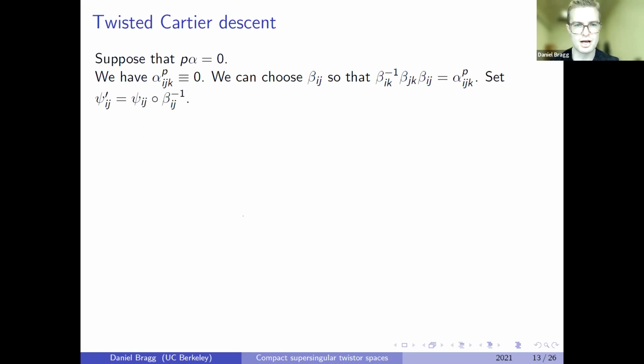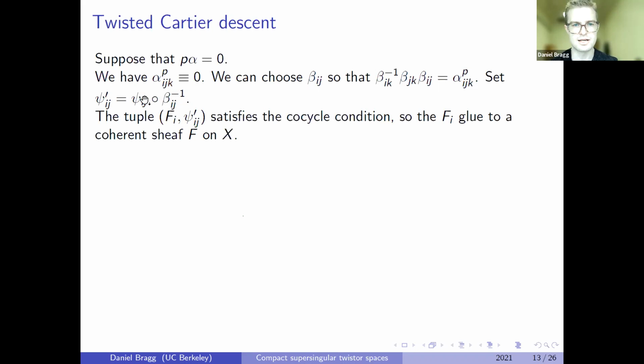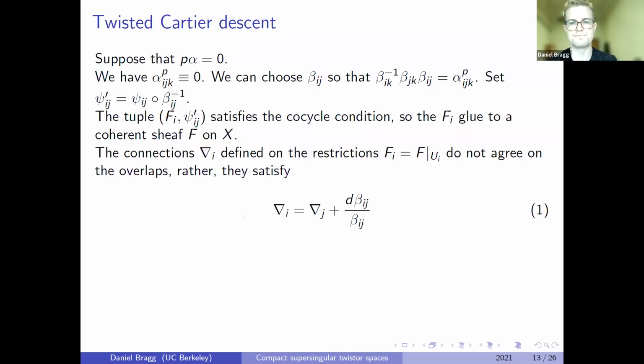And if I set psi prime equal to what I set it equal to, then this tuple, the Fi's, actually satisfies the cocycle condition. This is expanding on what I said before, that the Frobenius pullback of E should be a 0 twisted sheaf. So the underlying sheaves, the Frobenius pullbacks of the E, should actually glue. And they glue to something that I called F here.